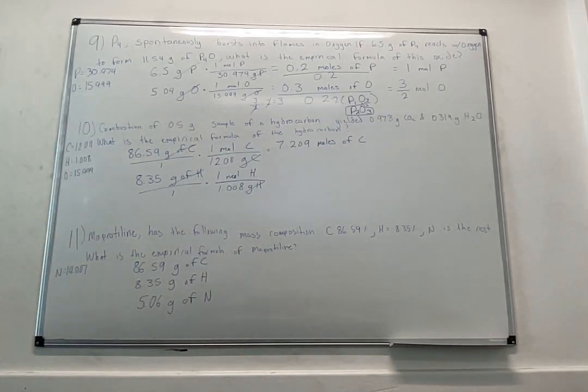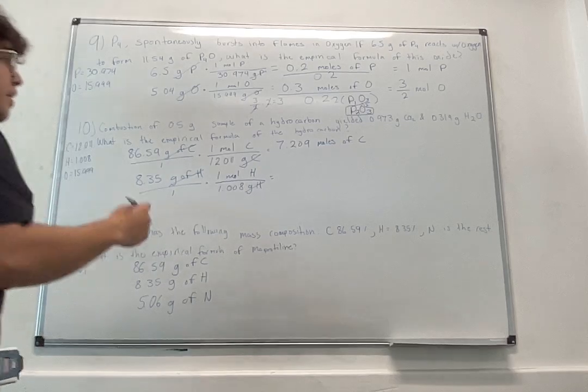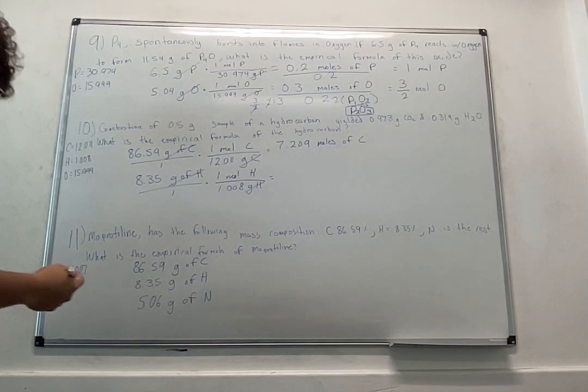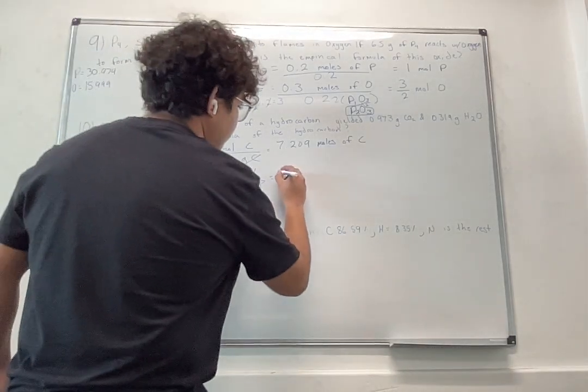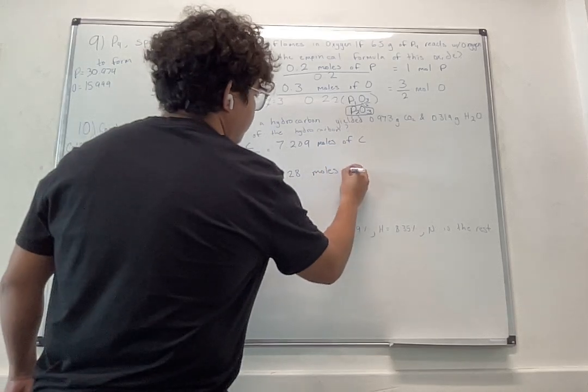And now we just end up dividing 8.35 divided by 1.008. If you're the type of student that just uses 1, then that's okay too. You should get the same result. Whatever number you use, 1 or 1.008, you're going to get 8.28 moles of hydrogen.